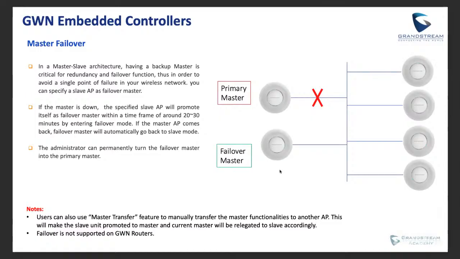On the failover system, the failover master will be connected for about 20 or 30 minutes, and then it will shut down and go back to slave mode. So if you're expecting critical operations, you wouldn't want this kind of system. This is mostly for a small office, a medium office, a small business.